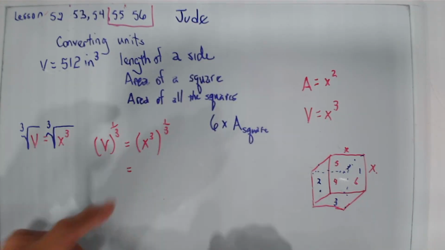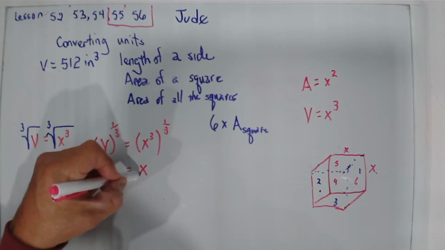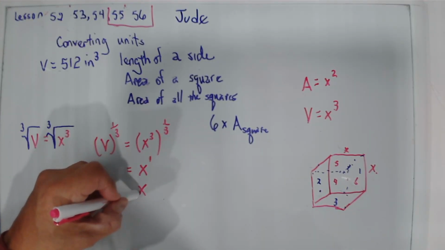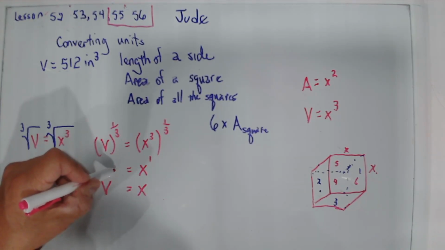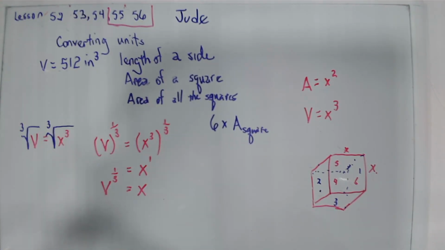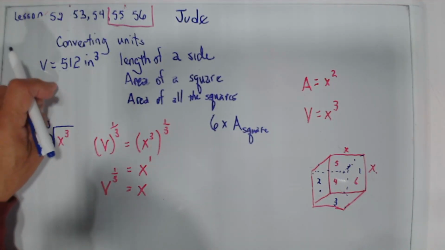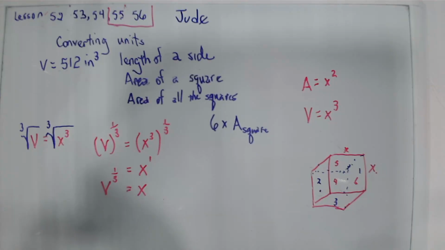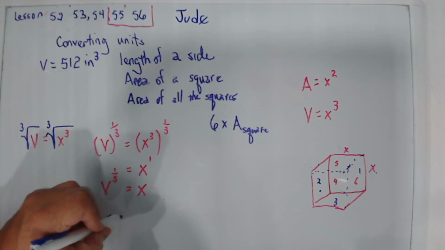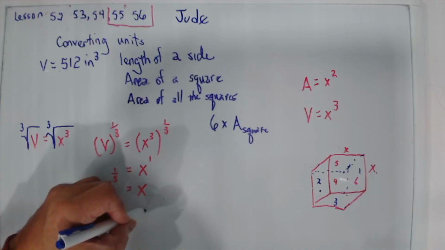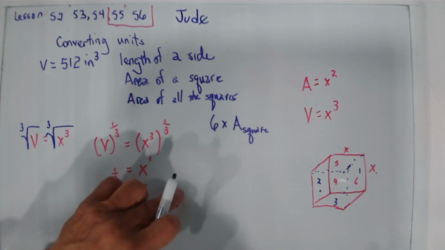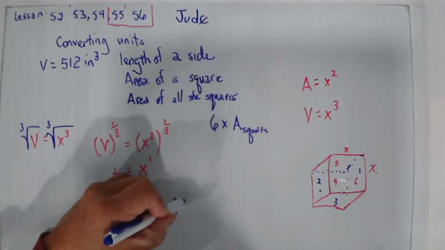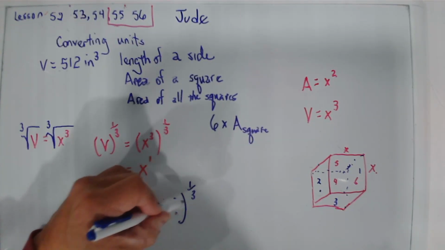So 3 times 1/3 would be 1, so that'd be x to the first power, which would give us x. So x is equal to the volume to the 1/3 power. Okay, so now we see what we have to do. So all we gotta do is plug in our value. So x is equal to 512 inches cubed to the 1/3 power.